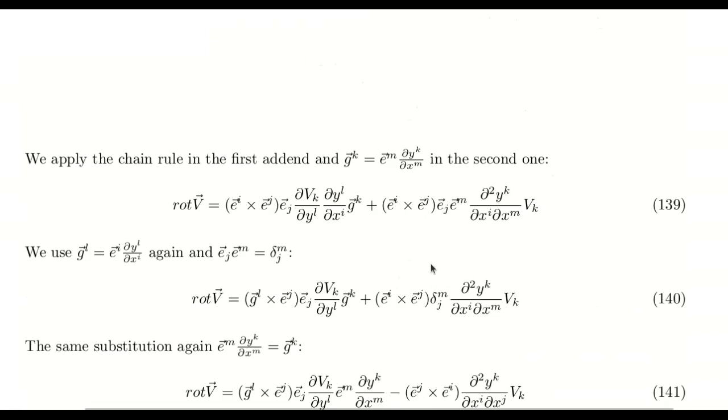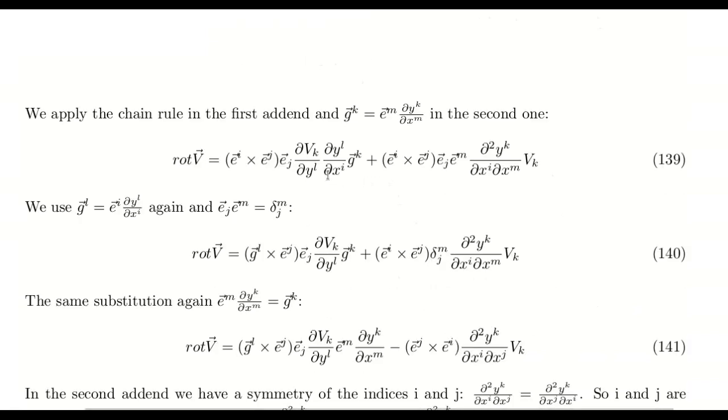And we now use again the expression for g vector, e vector, and the differential quotient of the coordinates. That means for this ei here and the differential quotients here of the coordinates, we write g, and so here we have a g then in the vector product.